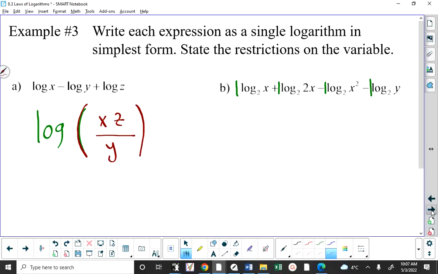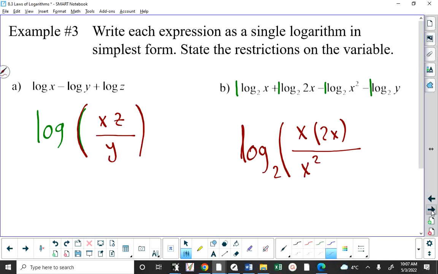When I take a look at B, all of the logarithms in B have a coefficient of 1, which means you're allowed to, at this point, just pack it all together as a single logarithm. Log base 2 of x, well, x is going on the top because it's a positive logarithm. The 2x goes on the top. On the bottom, we have an x squared, and we have a y. So any questions with that?